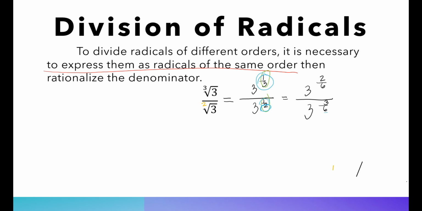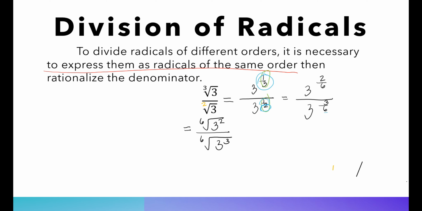And then since they have the same denominator, we can transform it back to its equivalent radical expression. So the numerator 3 raised to 2 over 6 would be equal to the 6th root of 3 raised to 2. And the denominator 3 raised to 3 over 6 would be equal to the 6th root of 3 raised to 3.